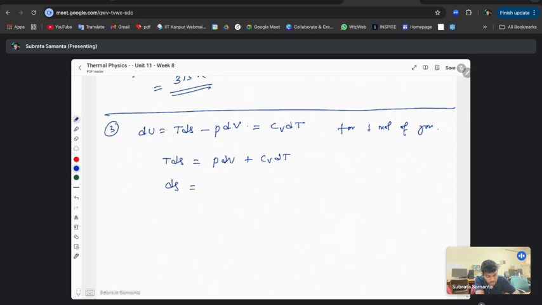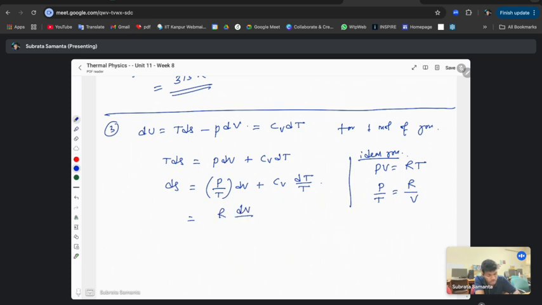So dS equals P over T dV plus Cv dT over T. Now P over T: if you use the ideal gas, PV equals RT, right? So P over T equals R over V. So for 1 mole, dS equals R times dV over V plus Cv times dT over T, right?